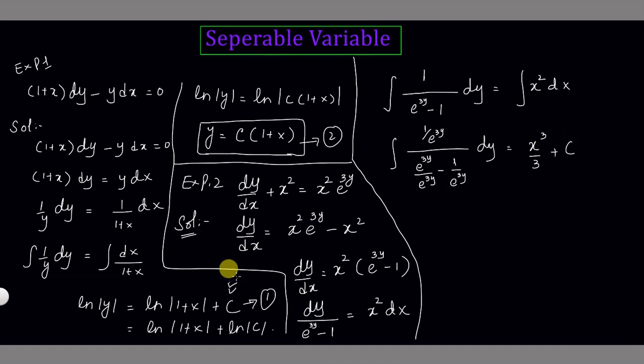The right hand side is done, but what will happen over here? We will get 1 minus e raised to the power minus 3y, and this will be equal to x cubed by 3 plus c.